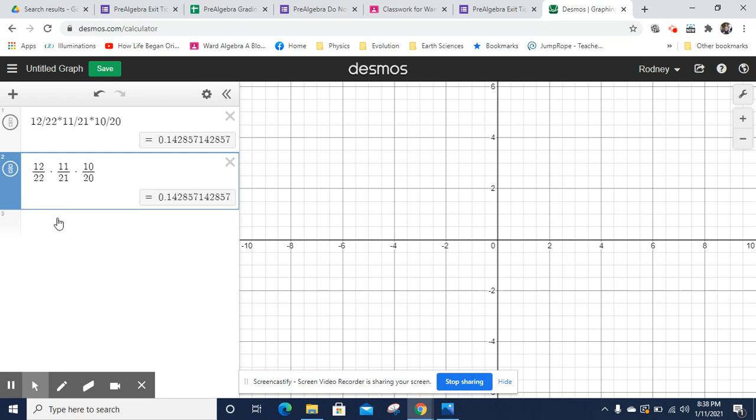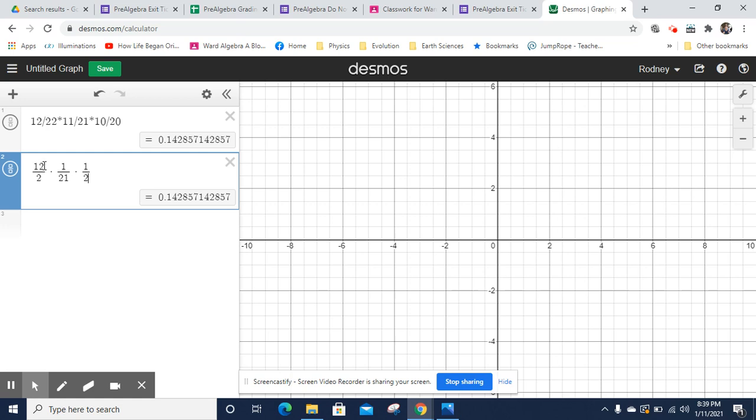We can cross-reduce 11 and 22 and make that 1 and 2, because 11 over 22 is 1/2. We can also reduce 10 over 20 and make that 1 over 2. And then these two 2's make a 4. 2 times 2 makes a 4.